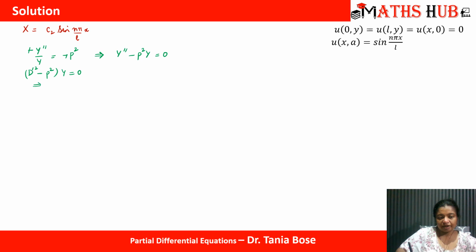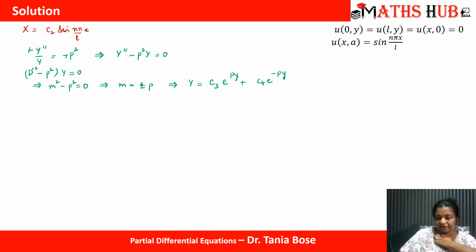So that would imply m square minus p square is equal to 0. So m will turn out to be plus minus p, right? So if m is plus minus p, this implies what is y? Y is c3 e raised to power py plus c4 e raised to power minus py, right?